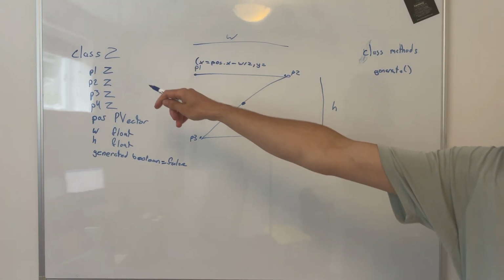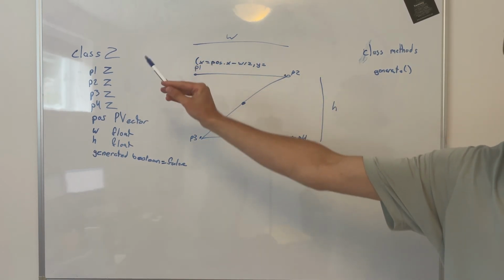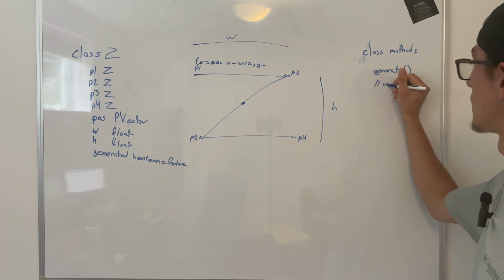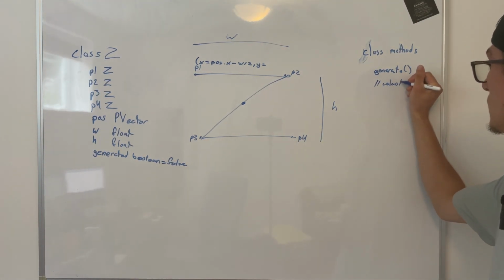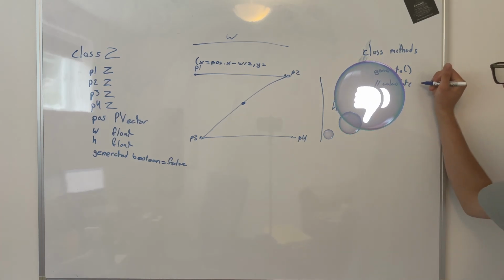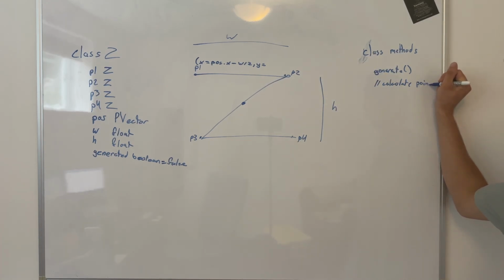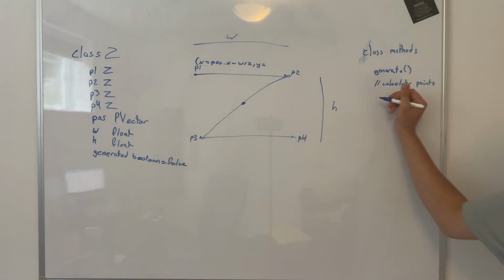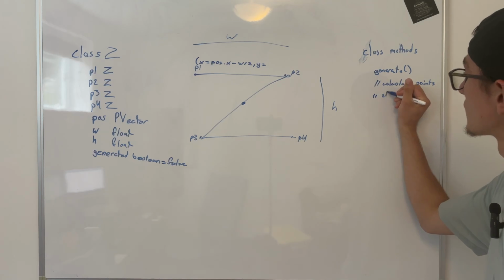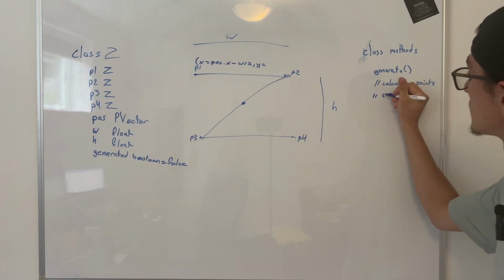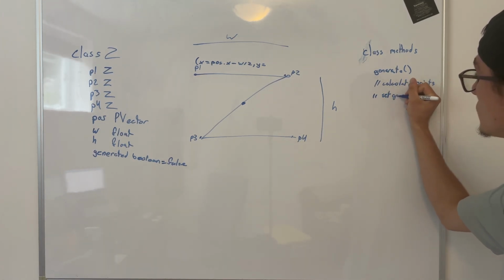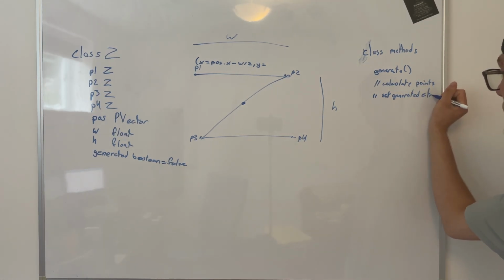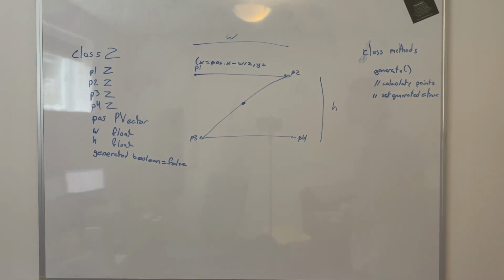It should set the P1, P2, P3, and P4. So calculate points. Okay. What else? It should set generated equals true. Okay, I'm really on the edge, but it doesn't matter.